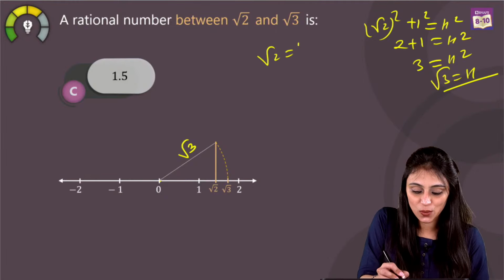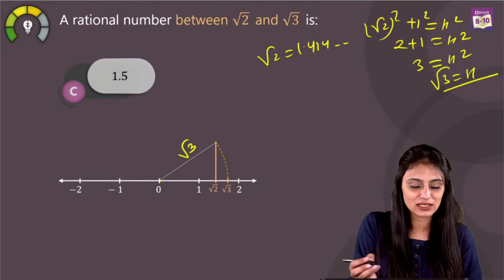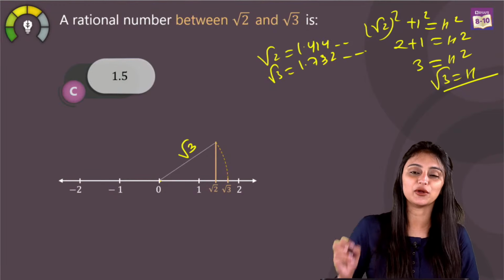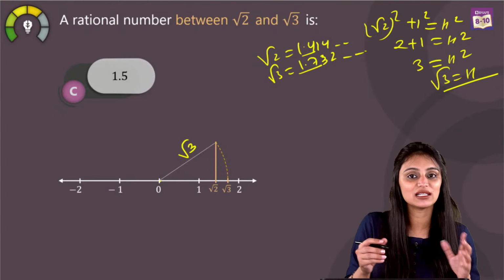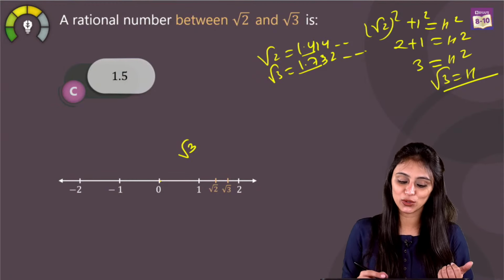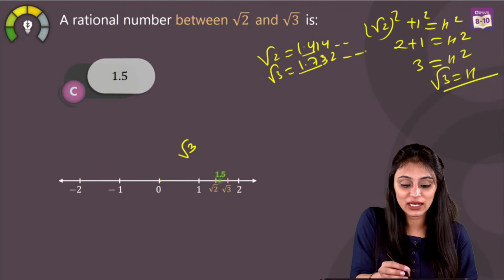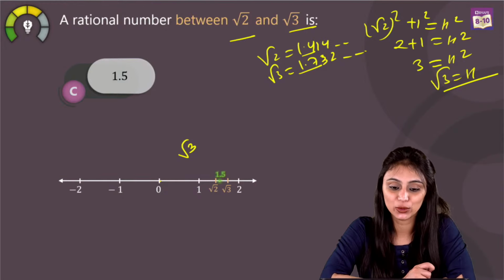Root 2 is actually 1.414, and root 3 is 1.732 dot dot dot. So definitely 1.5 will lie between them, if you look at the first two digits here, it will lie between root 2 and root 3. So 1.5 is between them. It's a rational number between these two irrational numbers, root 2 and root 3.